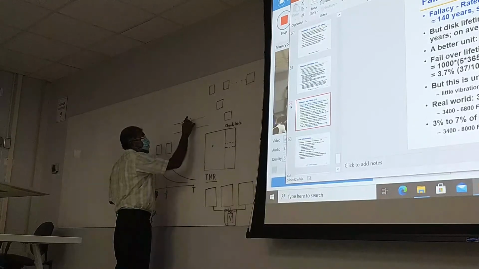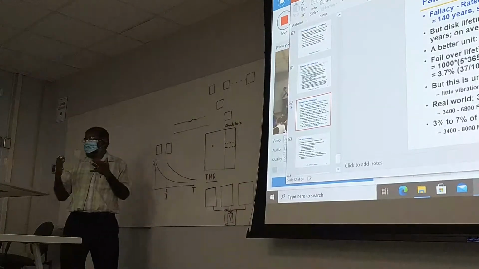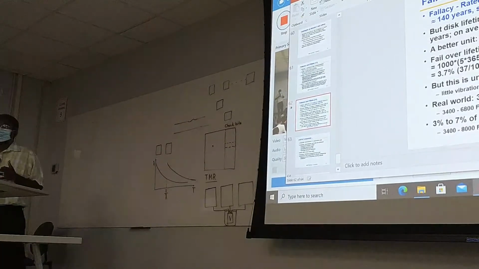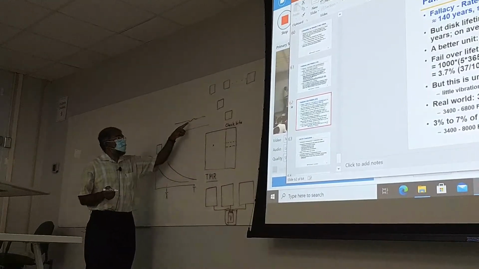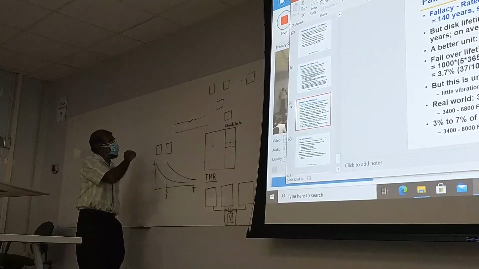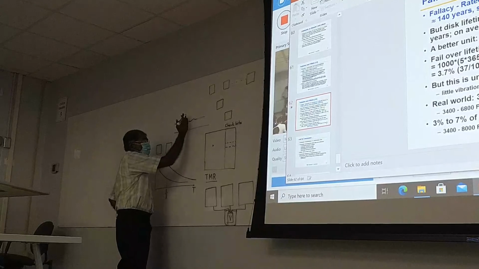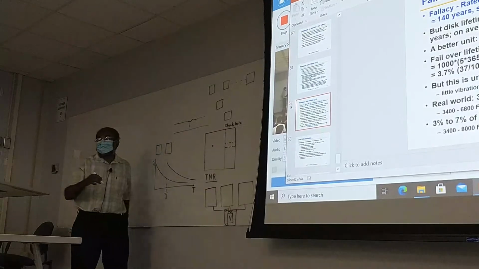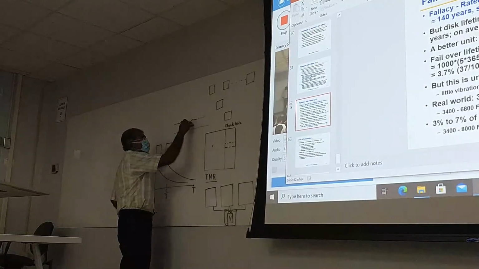Some atoms can move because of the high temperature, so they may break from their bond and travel. So let's say something like this happens, some atoms ended up moving from there to here. Now what happens is this part has higher resistance because the cross-sectional area is less here, which means more heat happening here.